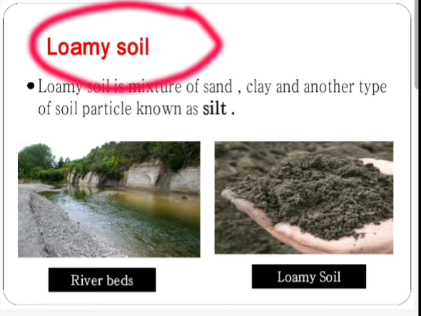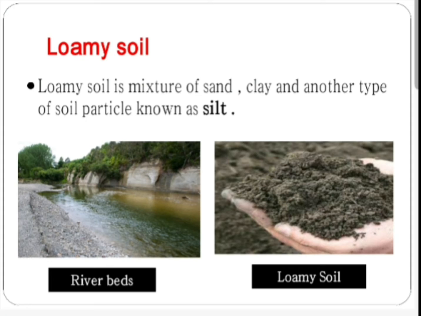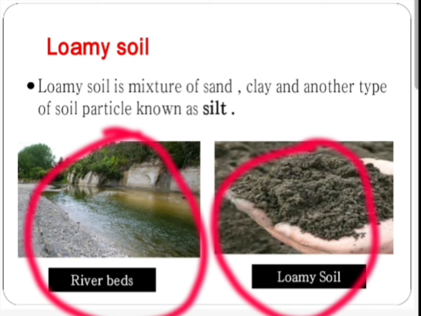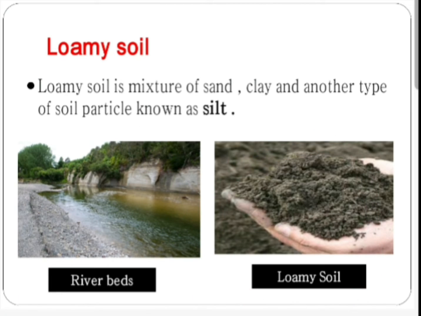And silt occurs as a deposit in river beds. Loamy soil is considered the best soil for growing plants. And the water holding capacity of it is medium.